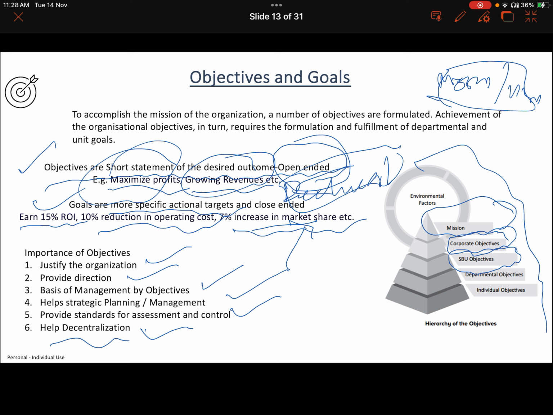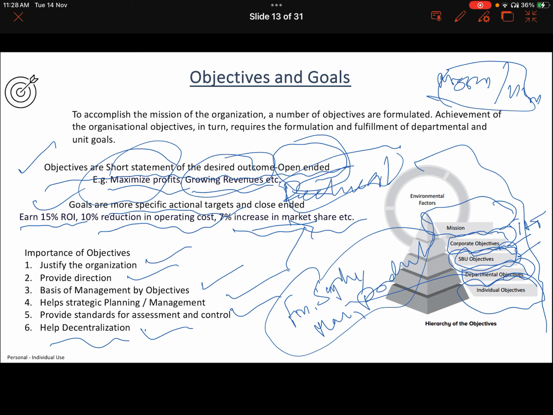So corporate objectives are the Tata Group's objectives, then SBU, strategic business unit objectives, then departmental objectives, then individual objectives. Departments mean finance, supply chain, manufacturing, production; all those departments will have their own departmental objectives. Then individual objectives, or personal HR.